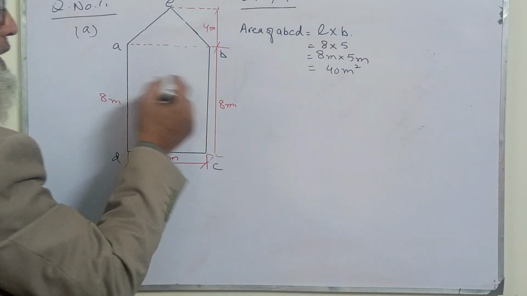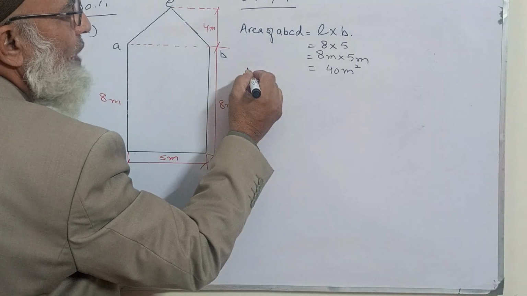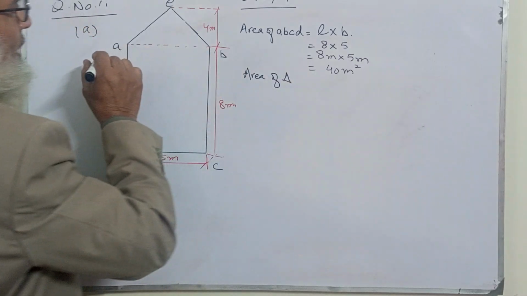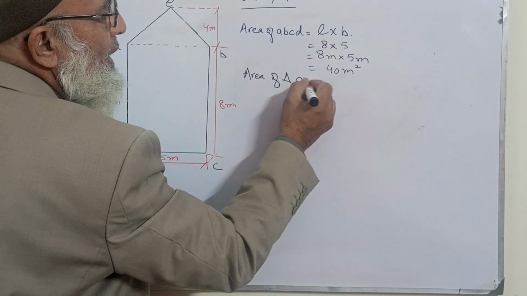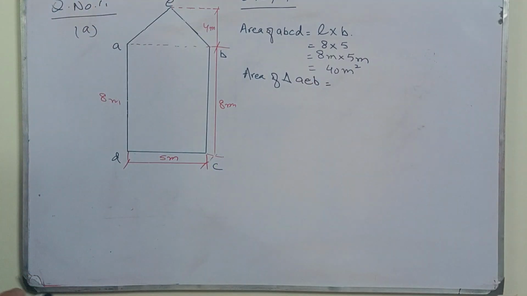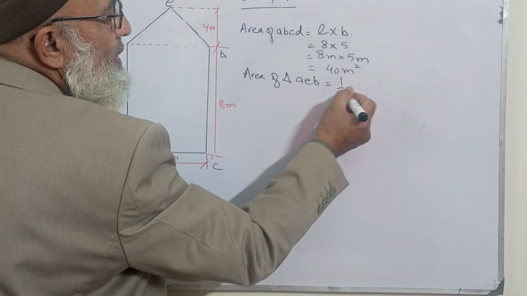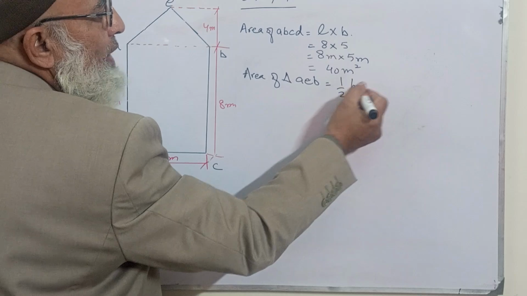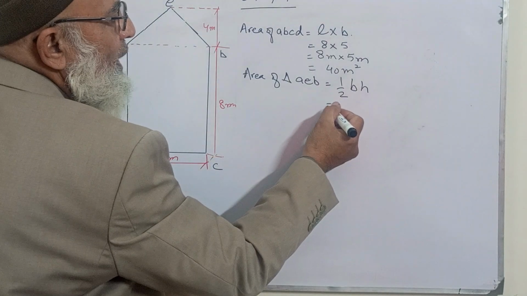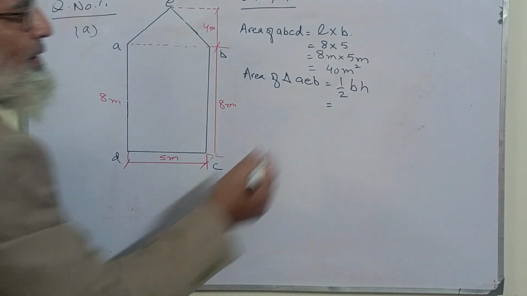Now the area of the triangle. What is the triangle AEB? You know the formula: half base into height. So we do have all the things with us.